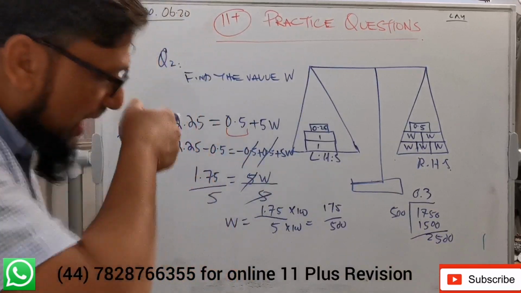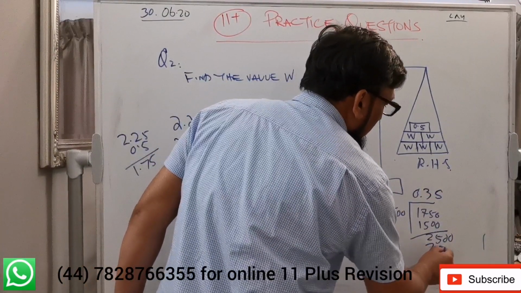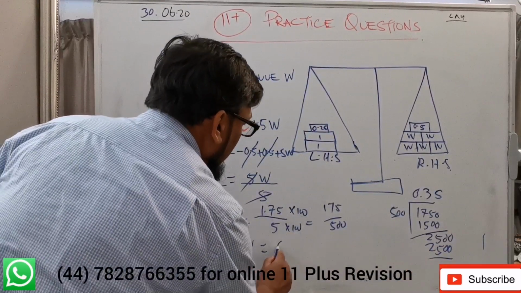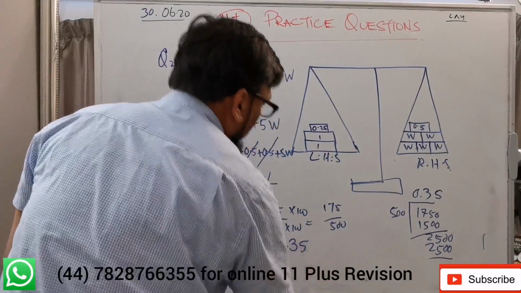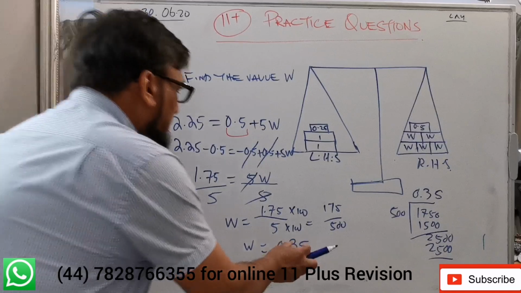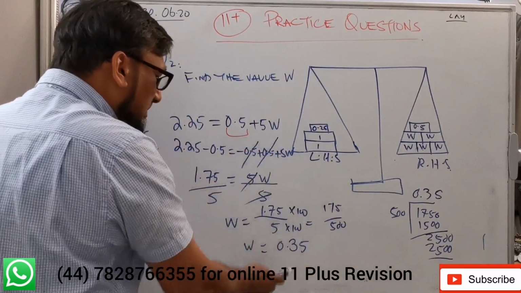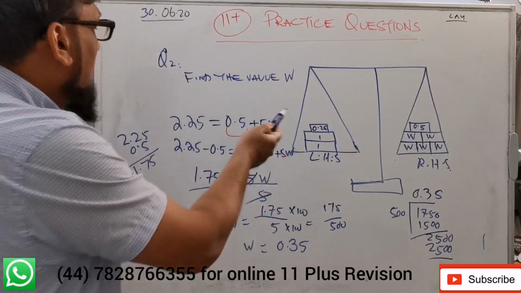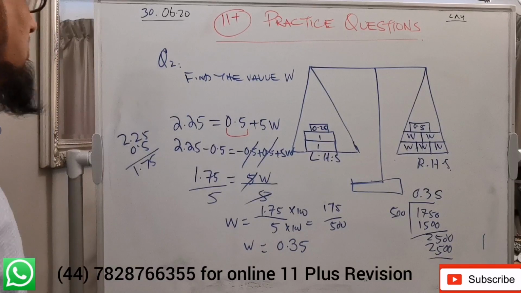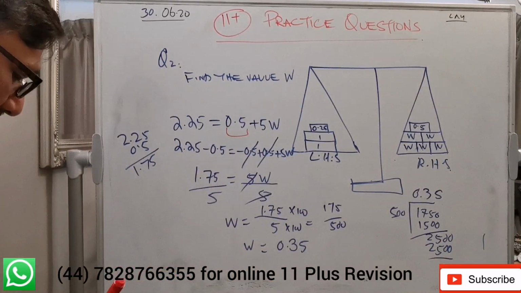Increase the 0 and 5 times 5 is 25. It means the W will be 0.35. If you substitute the value of W, 5 times 0.35 is 1.75, and add 0.5 to get 2.25. It means your answer is right.